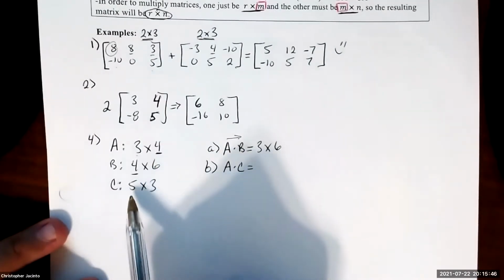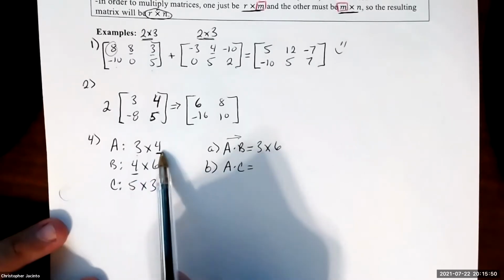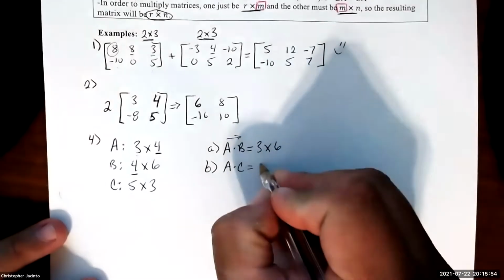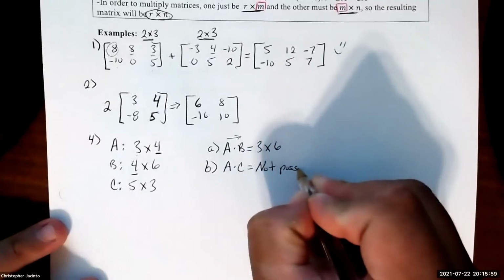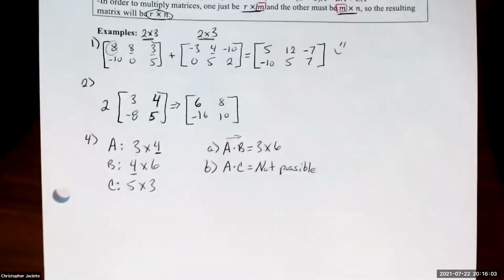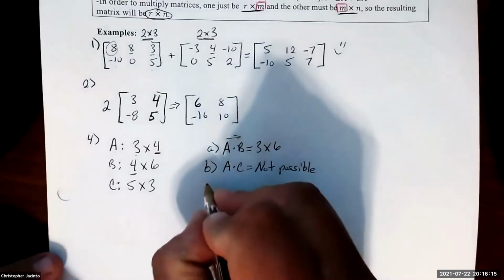So 4 must be the same as the rows of this one, but it's not. 4 does not equal 5. So automatically you would say cannot do, or just not possible. And that's your answer. So if you have a question like this on the homework, you just say, easy, not possible, next, and keep going.